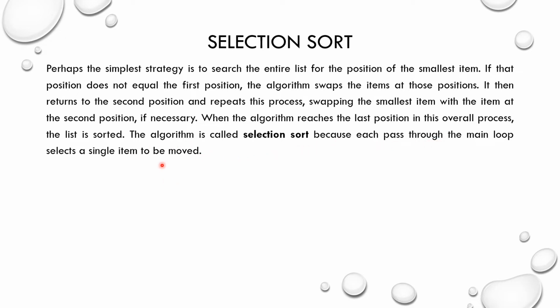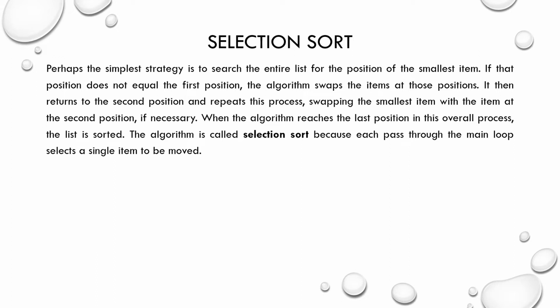In each pass one item is selected, which is the smallest element of the array, and that element is arranged at the first position. In the second pass the second smallest element is searched from the remaining array, and then it is arranged in ascending order. In this way the selection sort works: in each pass the smallest element gets to the first position, the second smallest element gets to the second position, and in this way the whole list gets sorted.